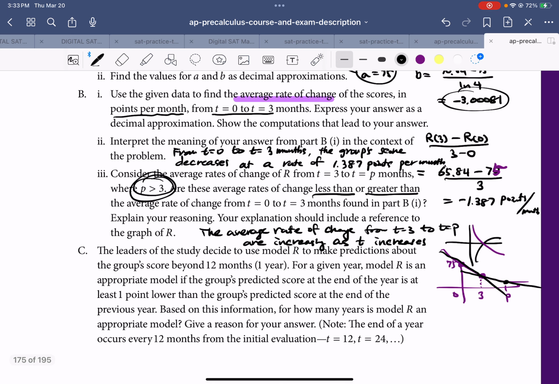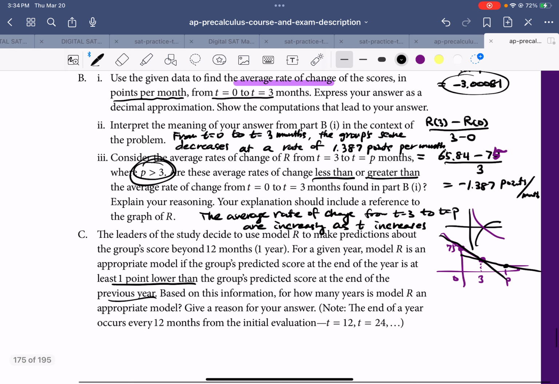Now C: the readers of the study decide to use a model R to make predictions about the group's score beyond the 12 months. For a given year, model R is an appropriate model if the group's predicted score at the end of the year is at least 1 point lower than the predicted score at the end of the previous year.